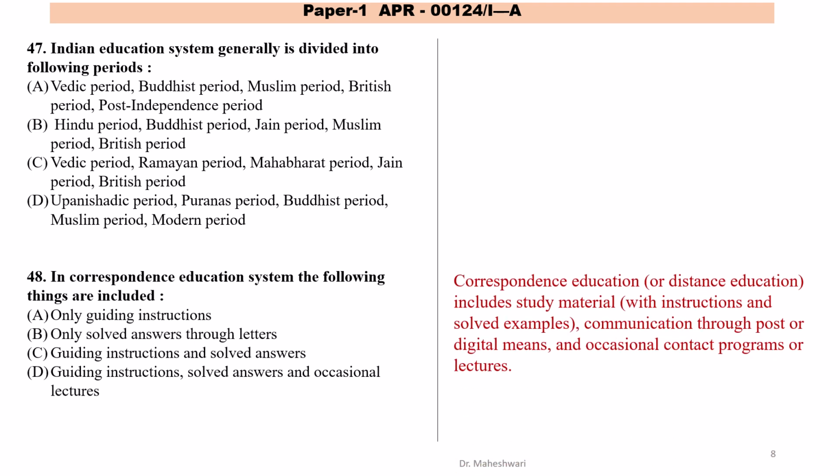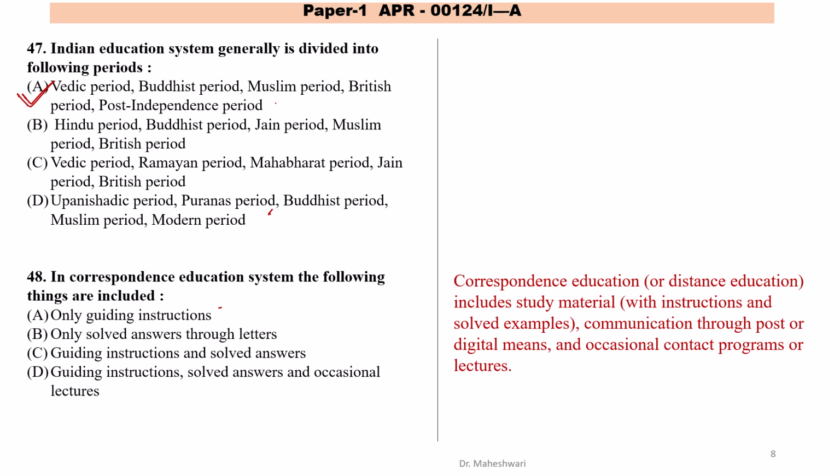The correct option here, 47th, is the first one, that is A, where you will find Vedic period, Buddhist period, Muslim period, British period and post-independence period. We have to tell how the education system has developed from the Vedic period till post-independence period. So option A is the correct option.